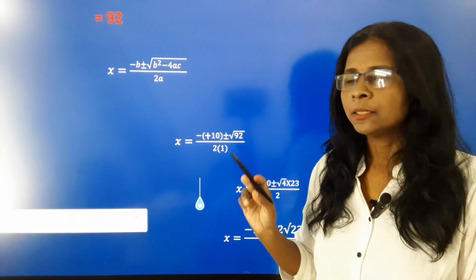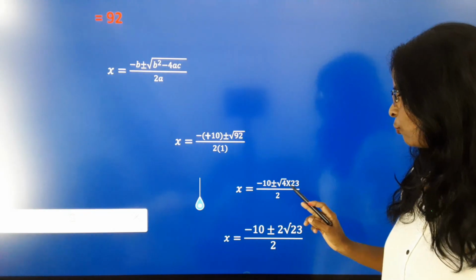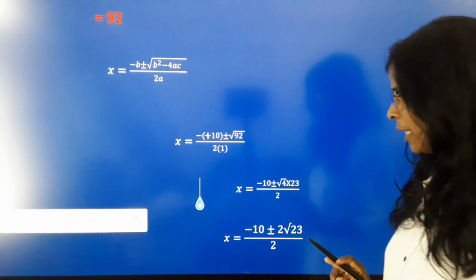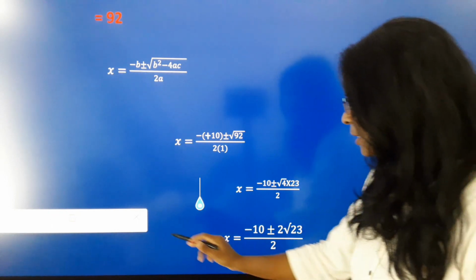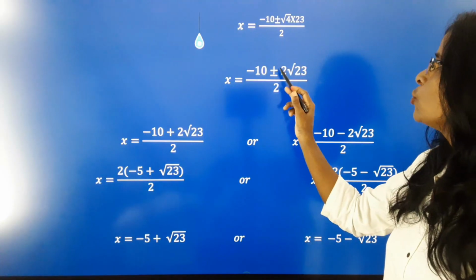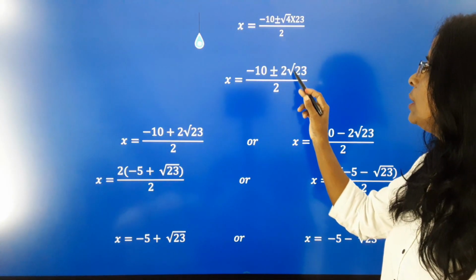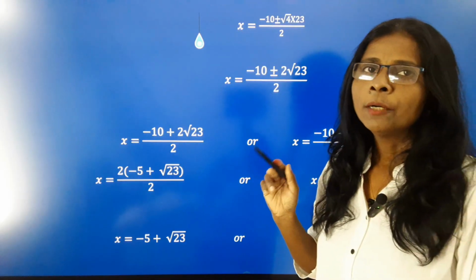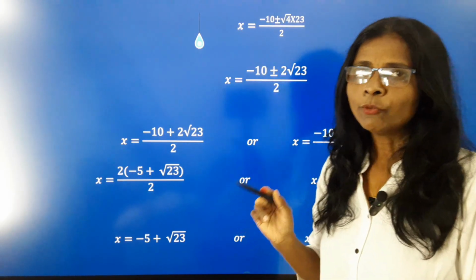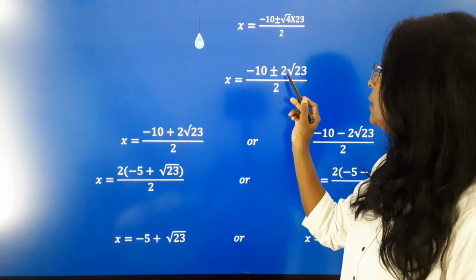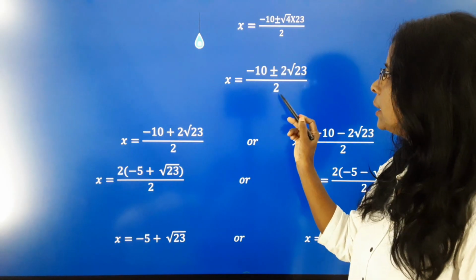We factorize the number 92 as 4 multiplied by 23. Then x is equal to minus 10 plus or minus 2 square root 23 over 2, because the square root of 4 is equal to 2 and comes outside the square root sign.